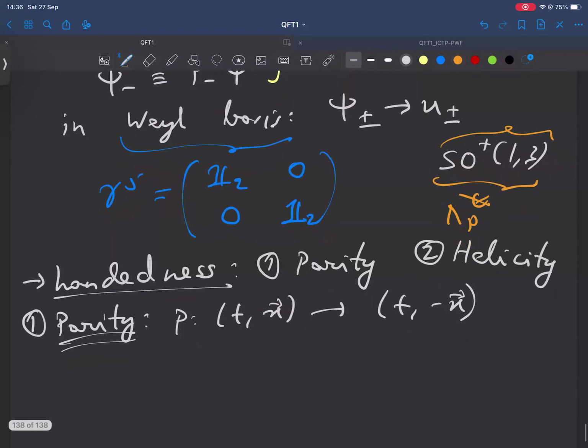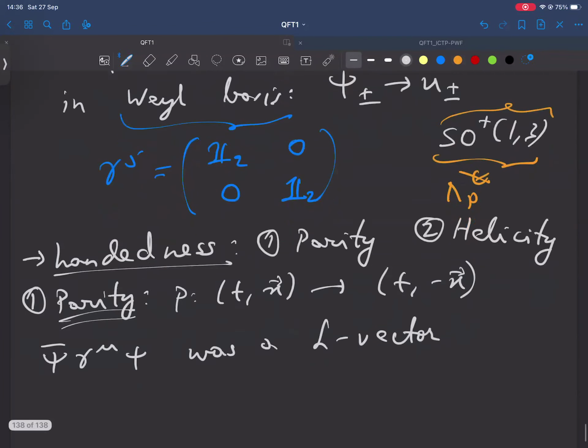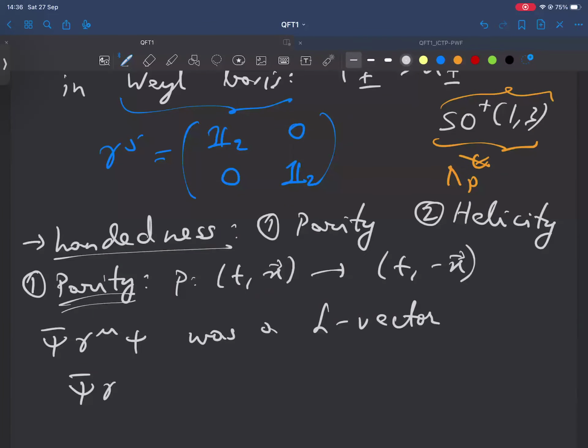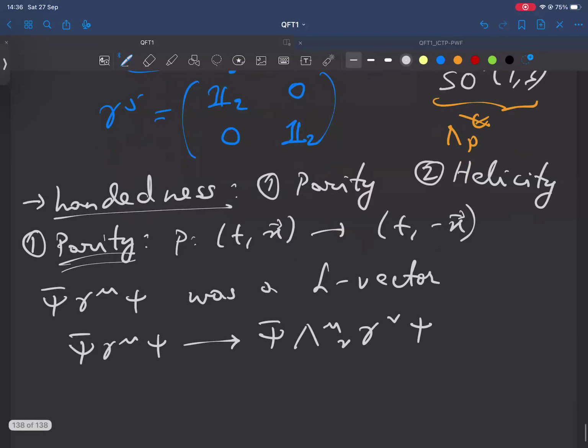Now, recall that yesterday we proved that psi bar gamma mu psi was a Lorentz vector, and it transformed like this: under a Lorentz transformation, lambda mu nu psi bar gamma nu psi.